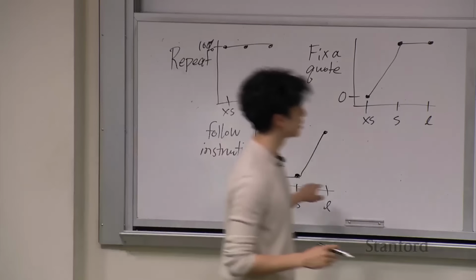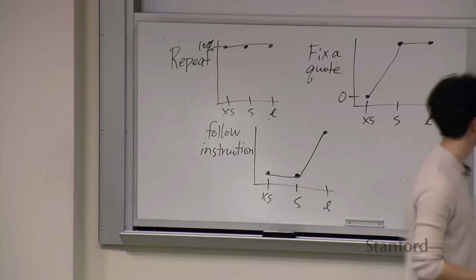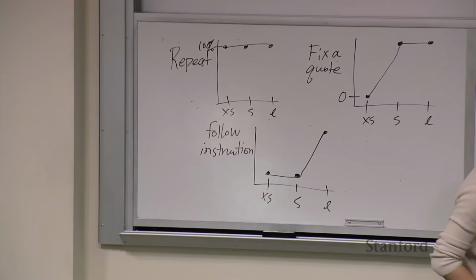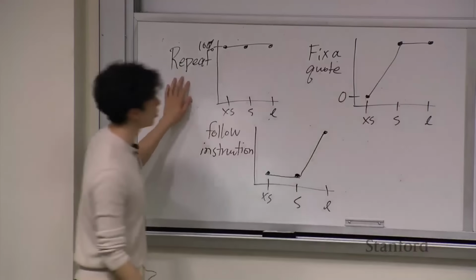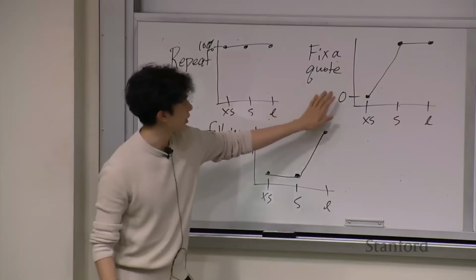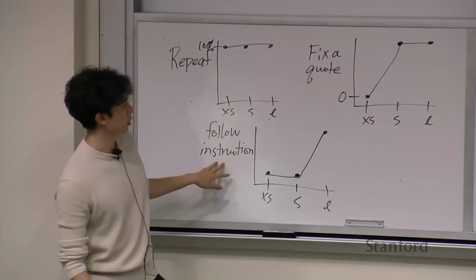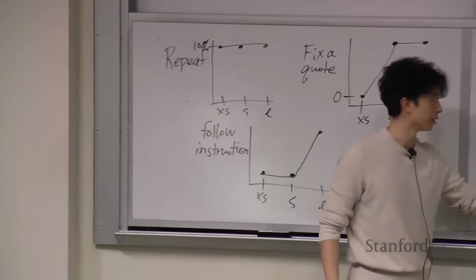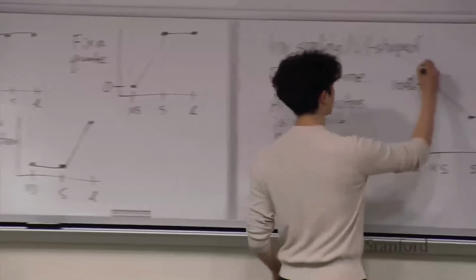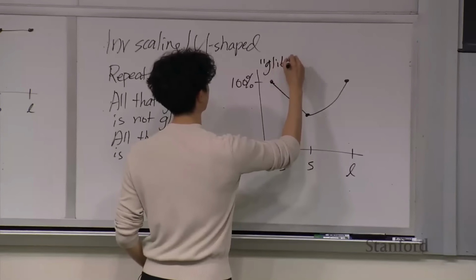And why does this explain this behavior here? Well, the extra small model can repeat, it can't fix the quote, and it can't follow the instruction. So it actually gets it correct. It says glib.